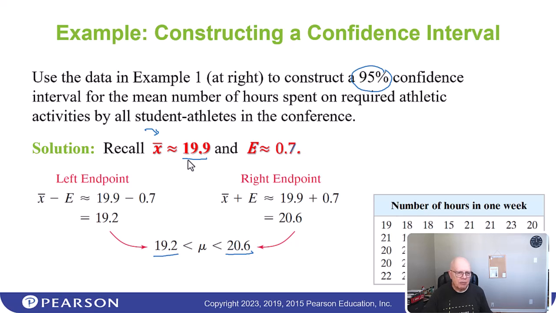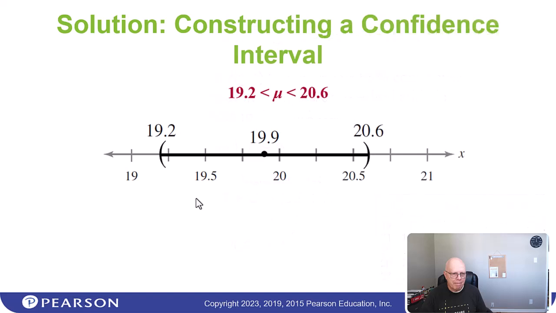Notice that 19.9 is in the middle because that's how we created our confidence interval. And that's what it looks like on the number line. 19.9, that was our sample mean. And this actual value that we're looking for, we're 95% confident is somewhere in this interval.